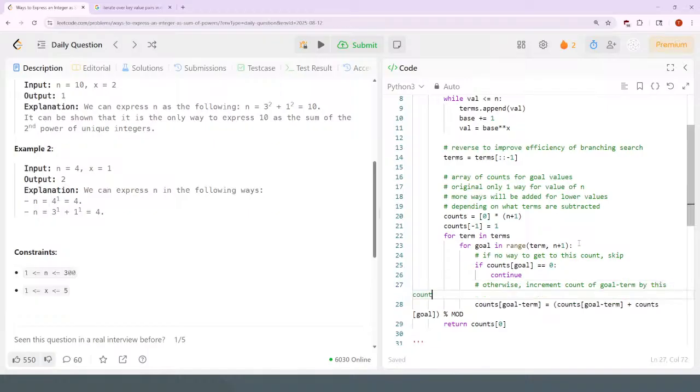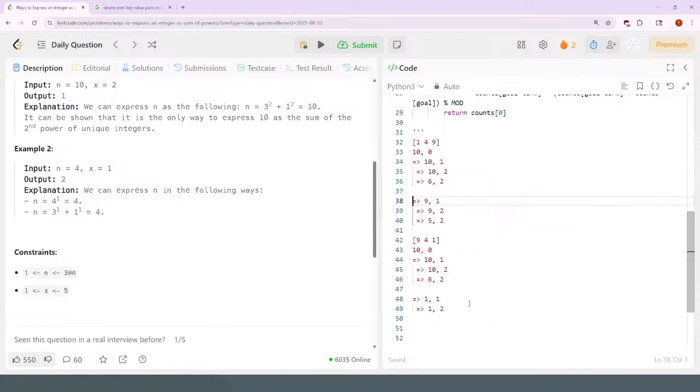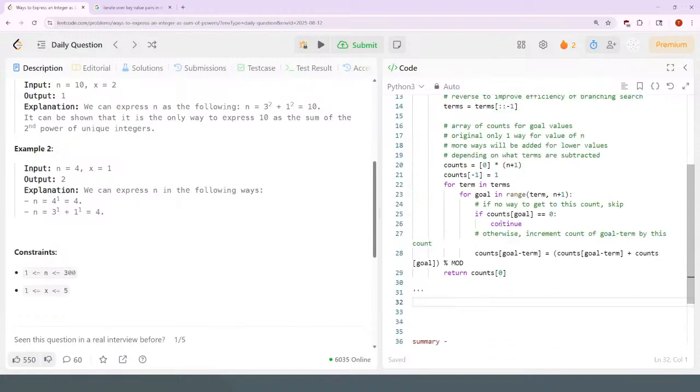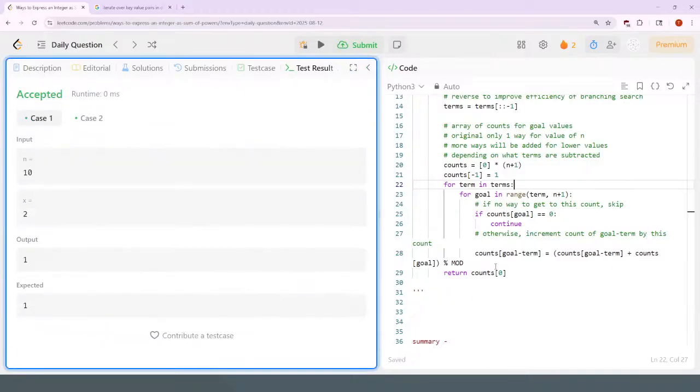How does it count? Okay. Did it change anything here? Just made this a for each loop rather than an index loop. Okay.